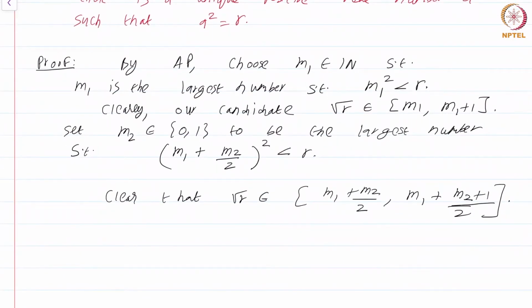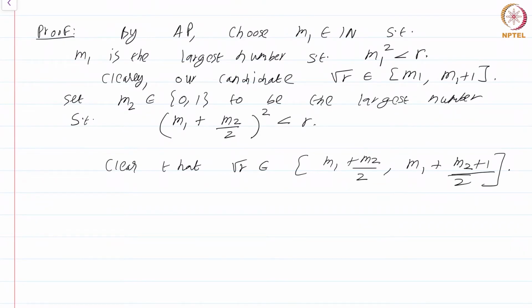Note that if m2 were actually equal to 1, this just says it lies in the interval m1 plus m2 by 2, comma m1 plus 1. Now, what do we do? Well, the pattern is clear.